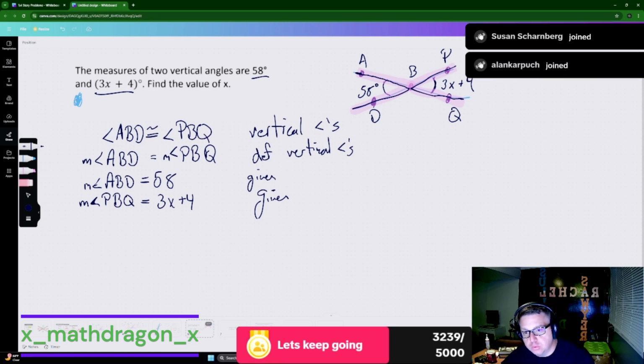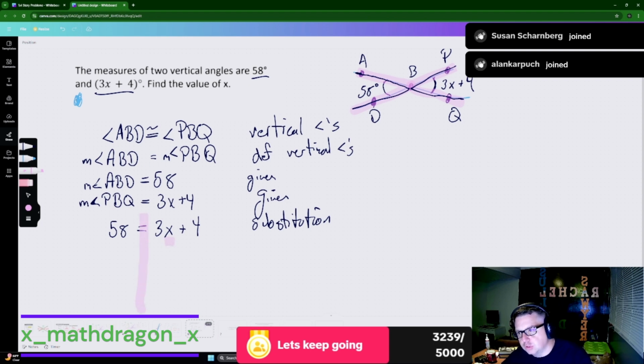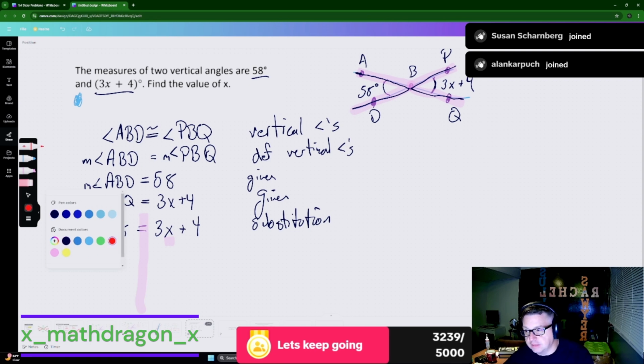But now I can use substitution and plug those values in. So ABD, 58. PBQ, 3x plus 4. And now I've got substitution and solve. I tell my students that all the time. Geometry, 90% substitution and solve.